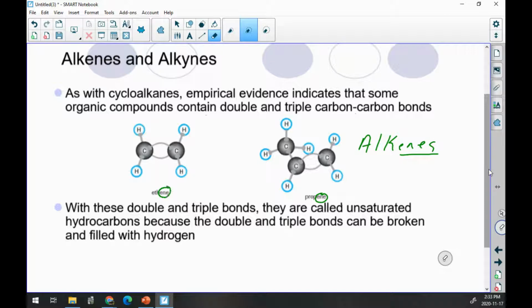The suffix ENE. Now these are called unsaturated hydrocarbons because we can break bonds. This bond can break, put another hydrogen, and put another hydrogen there to form a saturated hydrocarbon.